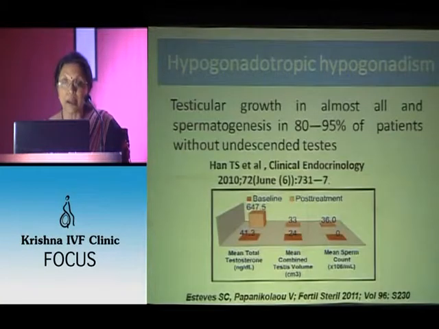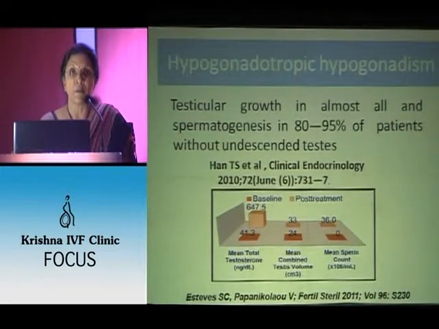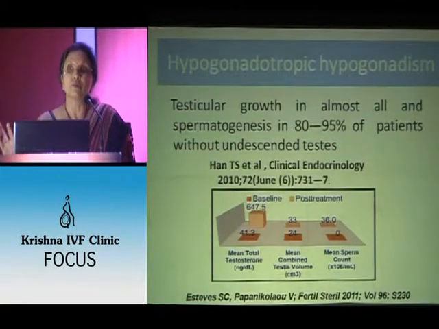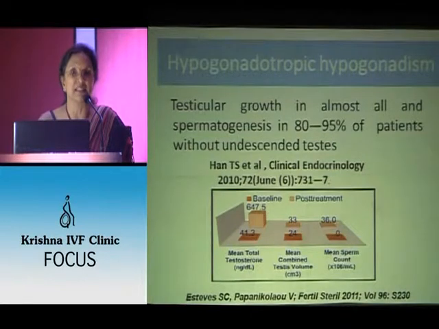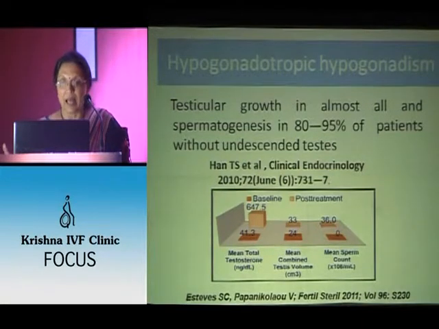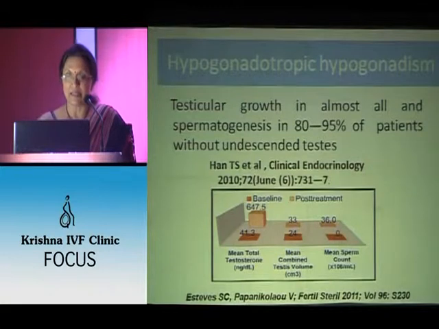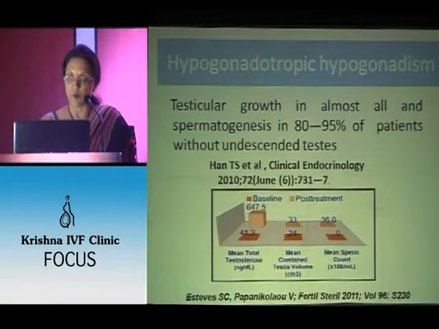And what happens? Testicular growth happens in almost all, spermatogenesis in 80 to 95% of patients, but we have to make sure that they don't have undescended testes. If they have undescended testes, we can do nothing for them. And this is one study, 2010, which shows mean total testosterone goes up from 41 to 647.